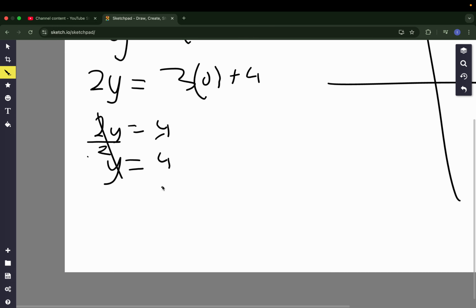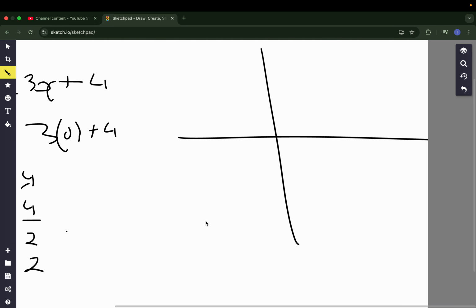So now y equals 4 over 2, or that just equals 2, because there are 4 2's, so it's just equal to 2. So now we know that the y-intercept equals 2.